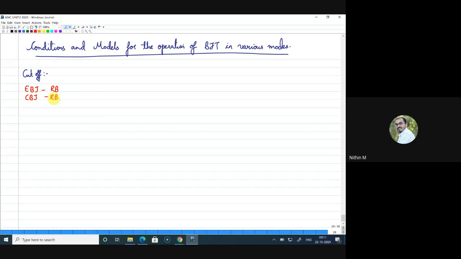So when both are reverse biased, say if I try to draw a model for that, let me take a transistor here, which is your NPN transistor, with the three terminals: base, collector and emitter. These are the three terminals.